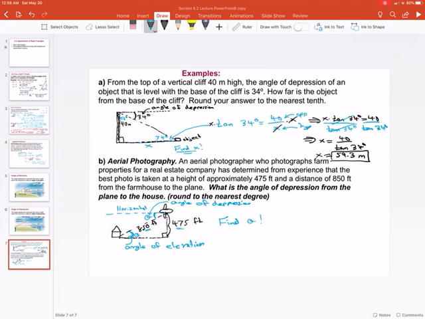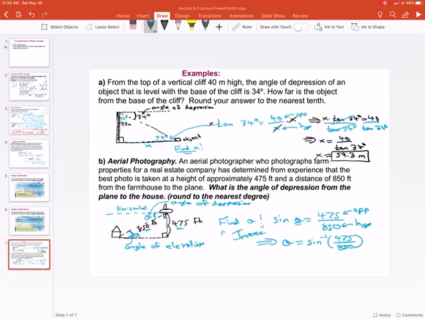What's the sine of angle theta? 475 divided by 850, opposite over hypotenuse. Now we're going to have to use inverses, because we want theta. So we've got to interchange it. Theta is equal to sine inverse of 475 over 850.